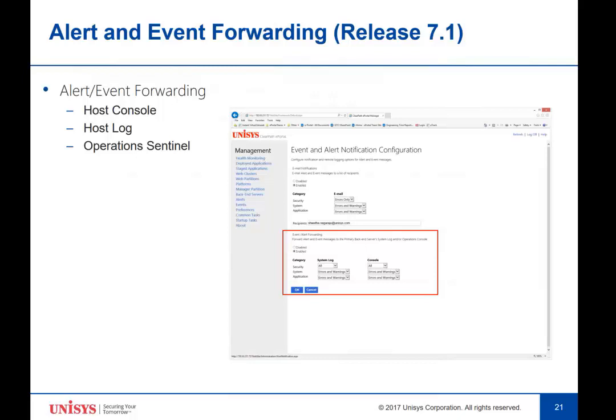And what we've done now is enable you to send them to the host log. So you have a primary backend server, which is a ClearPath system. Both systems, OS 2200 and MCP, have system logs. And we have clients that like to see everything consolidated in their system log. They use that quite often.